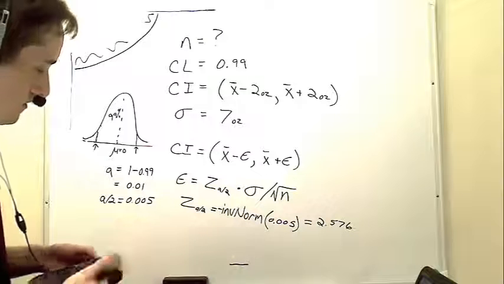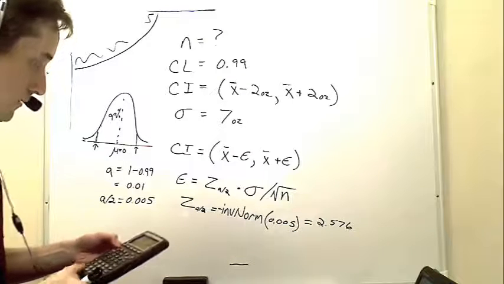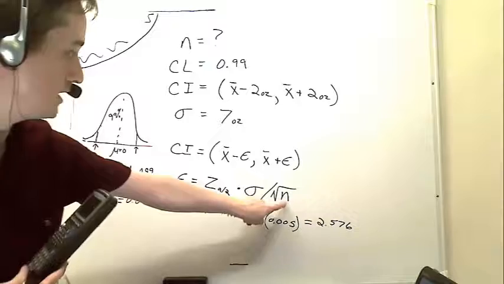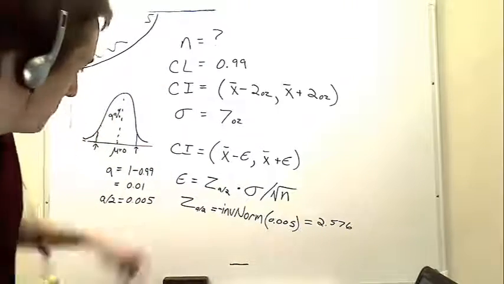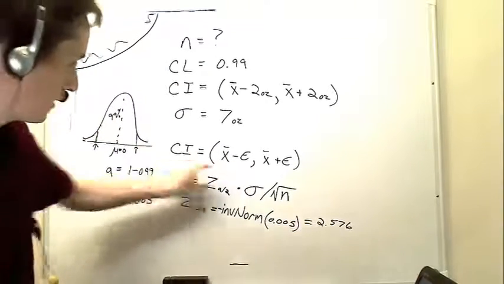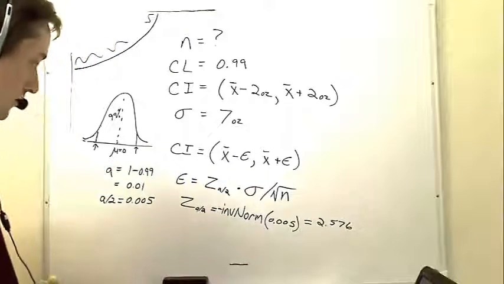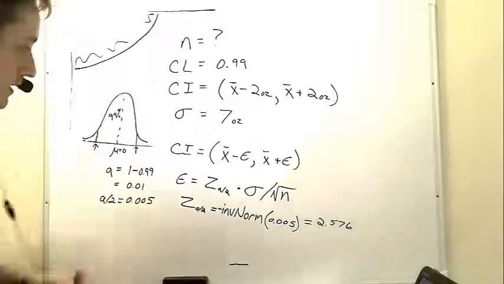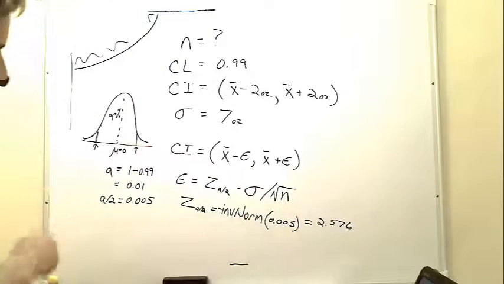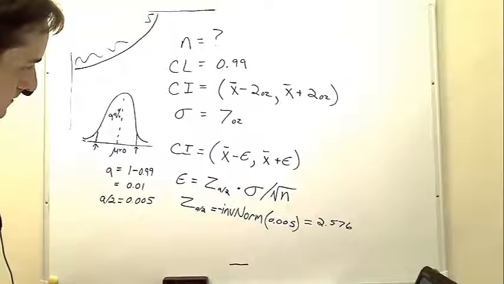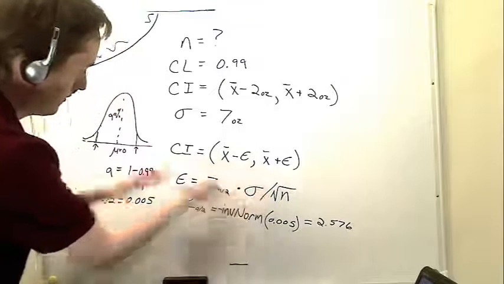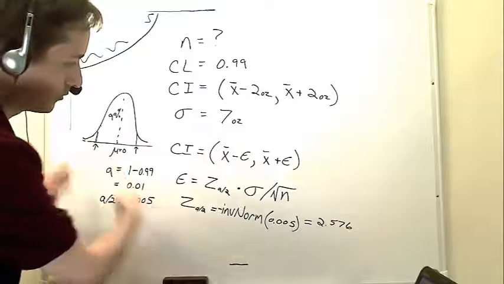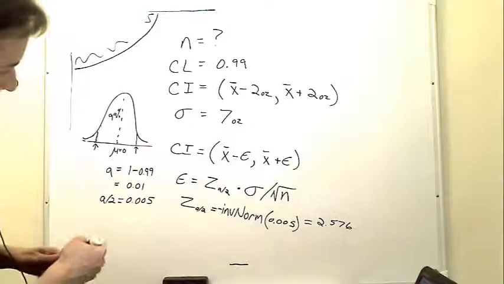So now that we have that, we can solve for n, which is what we were looking for in the first place. But we're going to have to rearrange our equation for the margin of error. So I got to start moving some variables over here to this side of the equal sign in order to isolate that n.